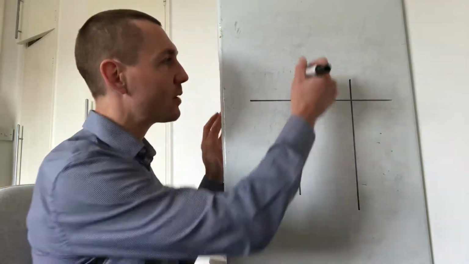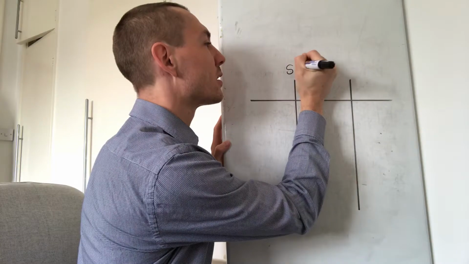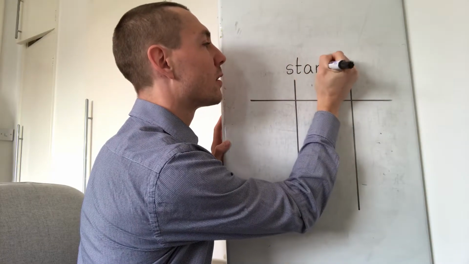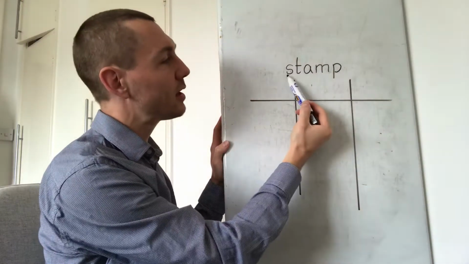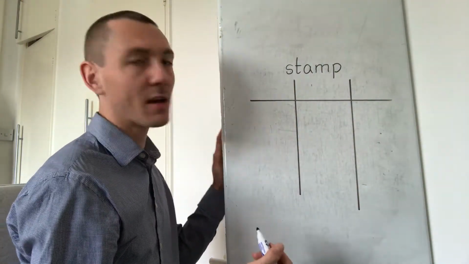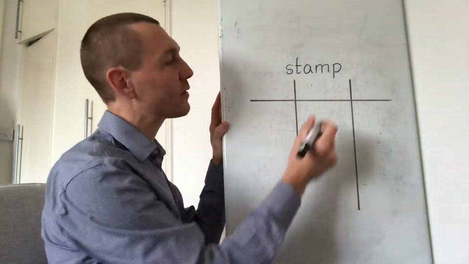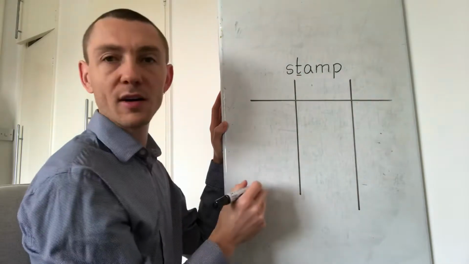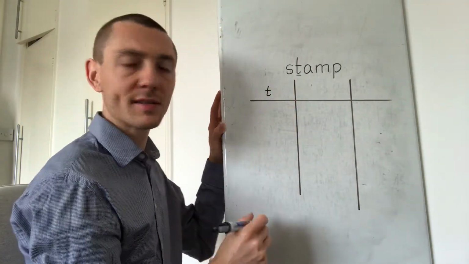I'm going to write a word here. The word is stamp. So we're looking for the t sound in that word, and we can see that we've got the t spelling of the t sound, and that's our first spelling of the t sound.